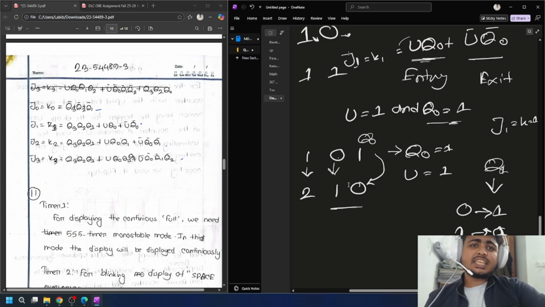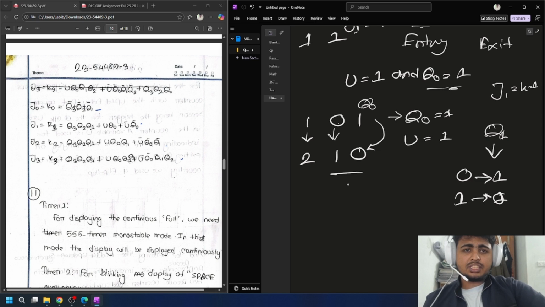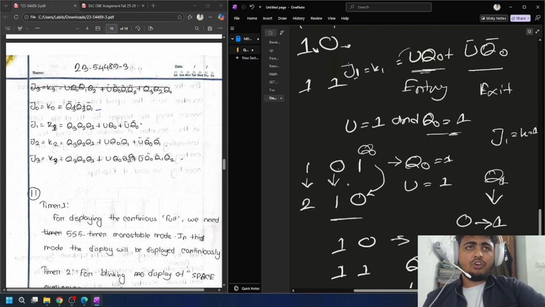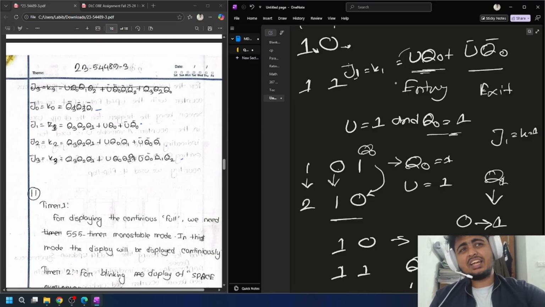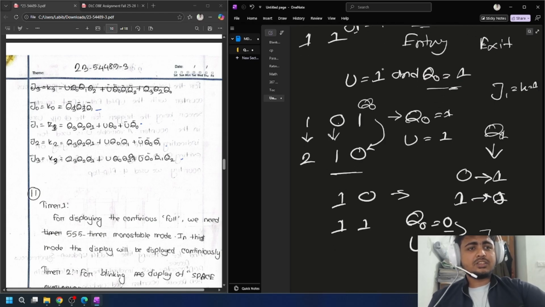Let's say there is another step that I didn't show previously, where it's 1 0 1 1. That means Q naught equals 0 but U equals 1. This condition doesn't apply for J1 and K1 to be 1, it doesn't match any of these conditions. That means J1 and K1 become 0.